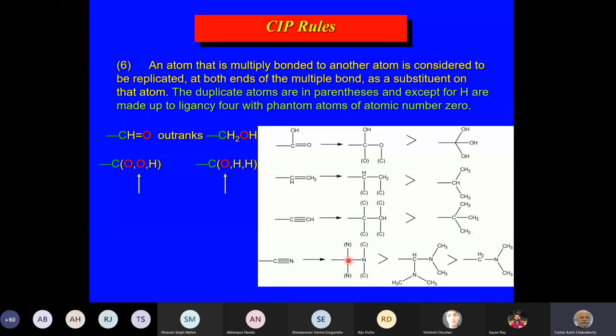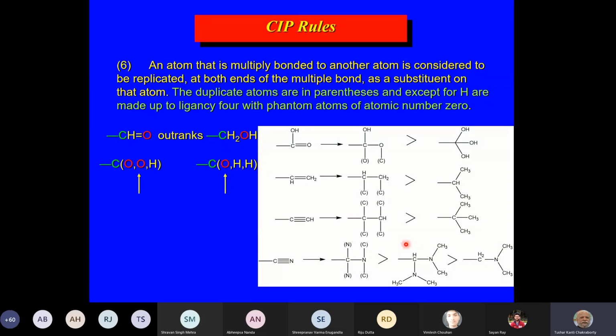And you can see that I have written another structure here where this nitrogen is attached to two carbons, the N,N-dimethyl, two substituents are there, and this carbon. So this one has a higher priority than this one, because that nitrogen has hydrogen here, whereas this one has 3 nitrogens. So obviously this is a higher priority, and which has more priority than the last one because it has only 1 nitrogen.